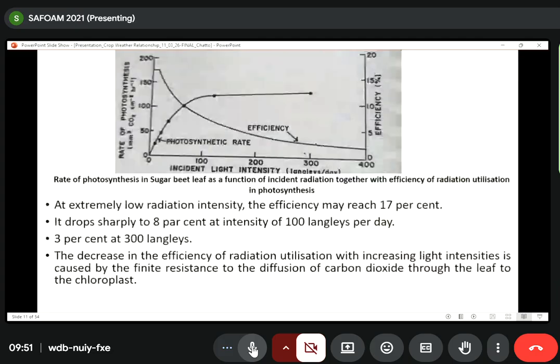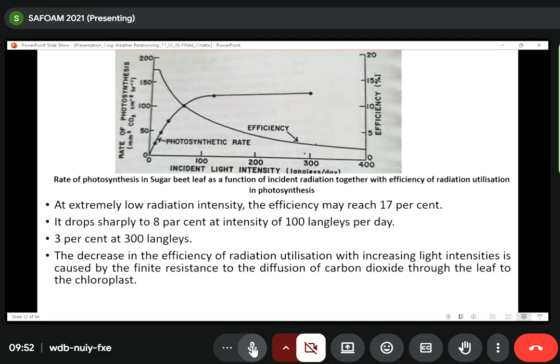And this is a very interesting curve. Here we have shown the incident light radiation on the x-axis and the rate of photosynthesis on the y-axis, and also the efficiency of the radiation, and how they impact the photosynthetic rate.